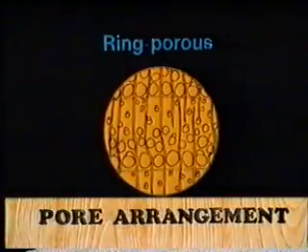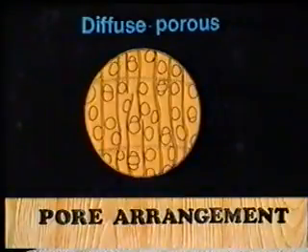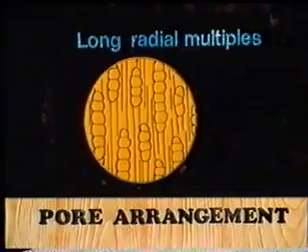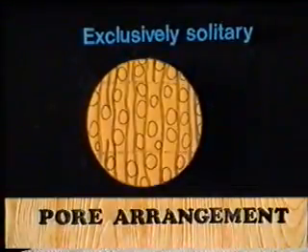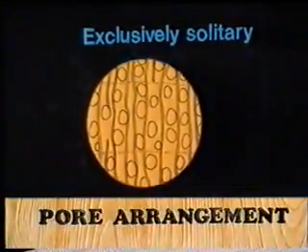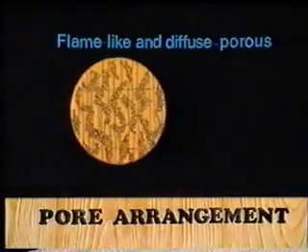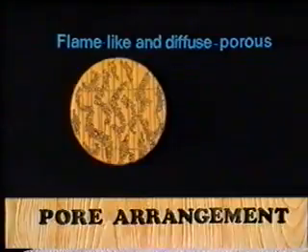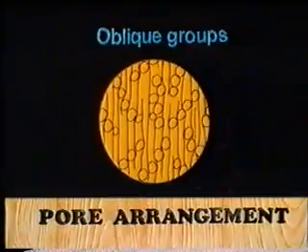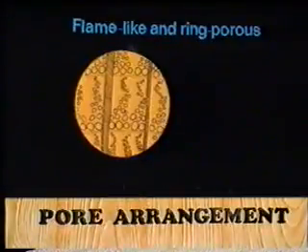Pores have a specific order in their number, size, and distribution, and are characteristic features in different species. Using a simple magnifying glass, one can see the distinct arrangements shown, which are characteristic features useful in identification.